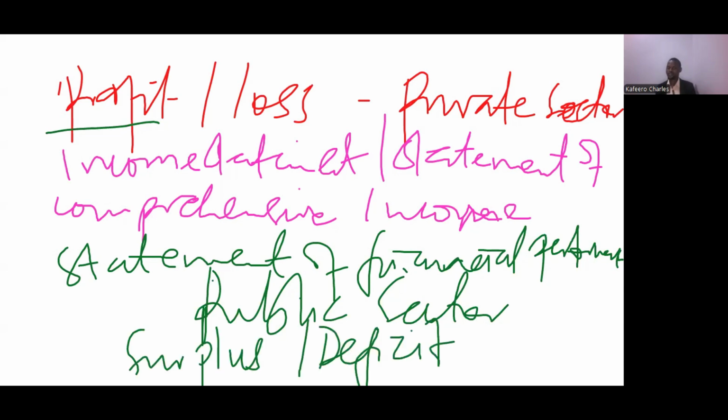Revenue, is it higher than the expenditures that we have incurred, so that it can arise into a surplus, or we have spent more than the money that we had to give us a deficit.